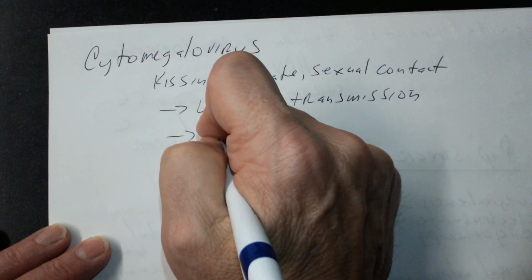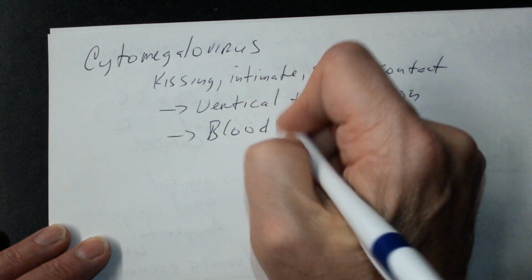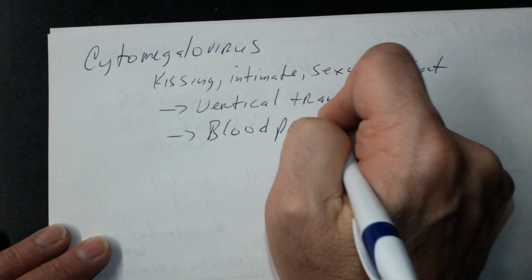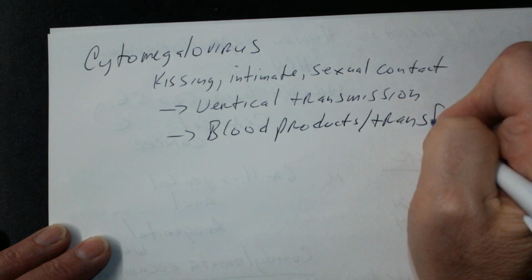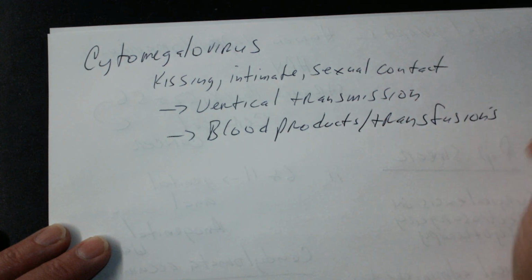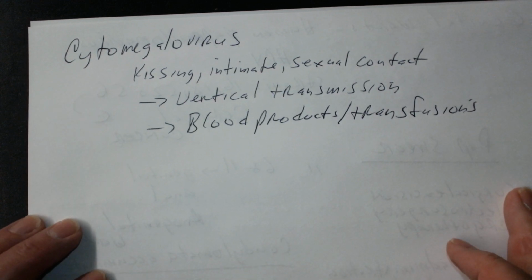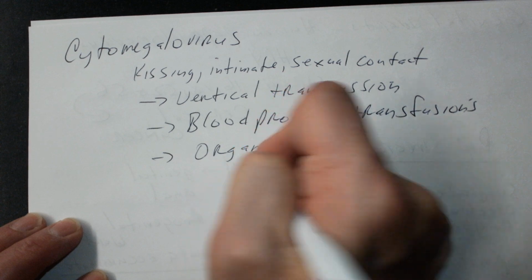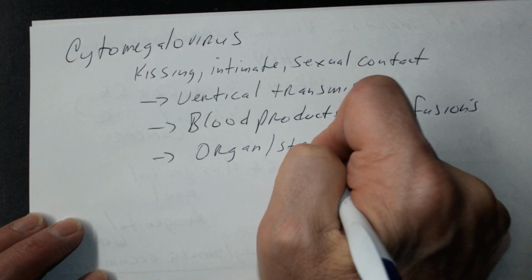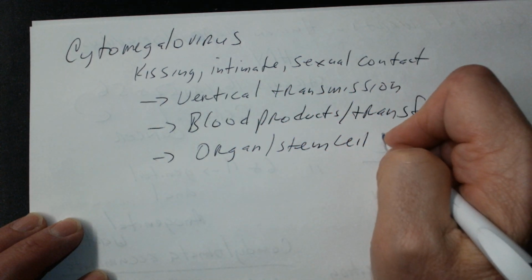You can get it also from blood products. Transfusions, that's not as common these days because transfusions are screened so well. You can also get it from organ or even stem cell transplants.